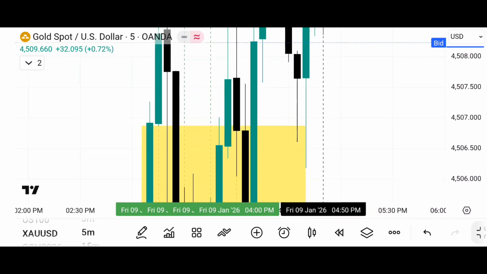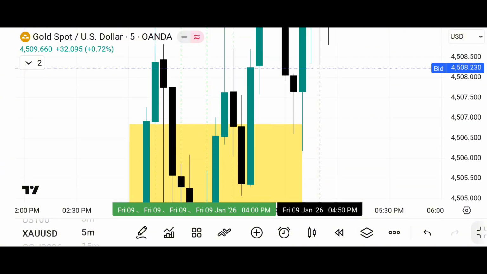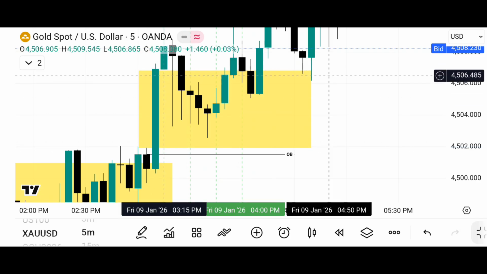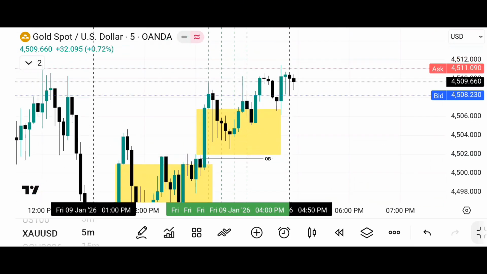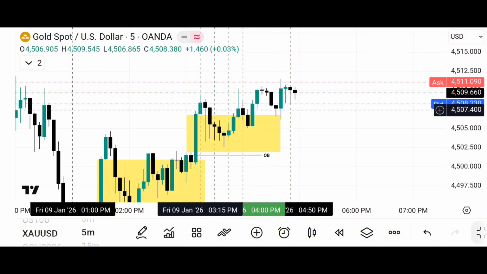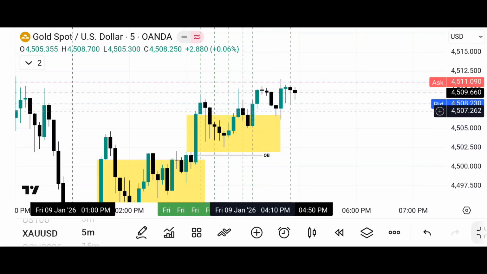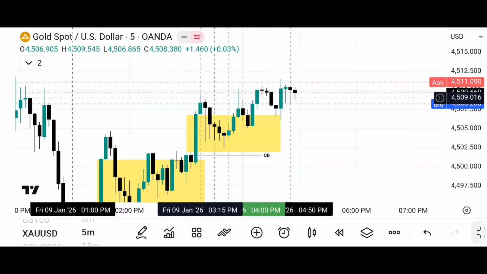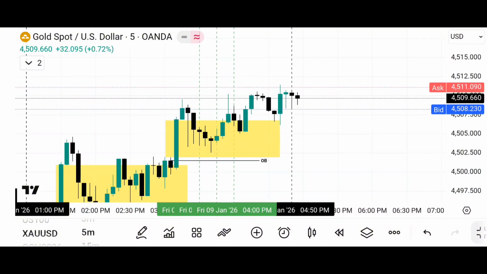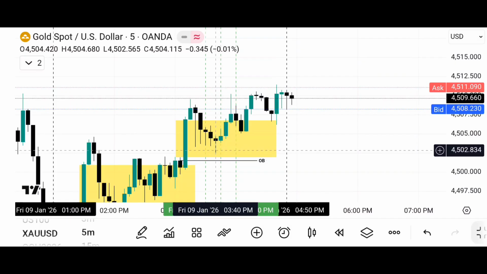There was no volume imbalance, so we use the high of this candle and the low of this candle. So this is the fair value gap. Price trading into it. If you watch, price traded into this BC to continue the movement upward to take out this high. Let me quickly remove this so you see what I'm talking about. So you see, price traded into the BC.